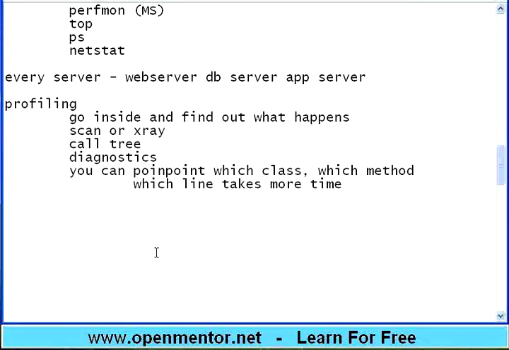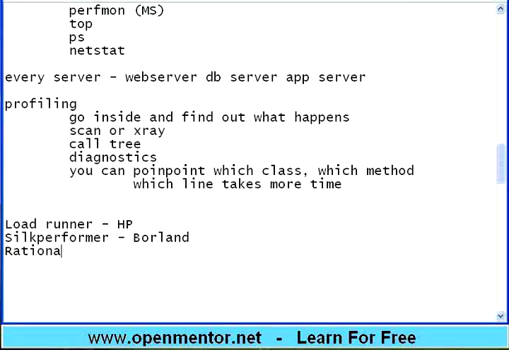Okay. There are some common tools available for performance testing. One of the leading tools is LoadRunner by HP, and there is Silk Performer by Borland, and Rational Performance Tester by IBM.